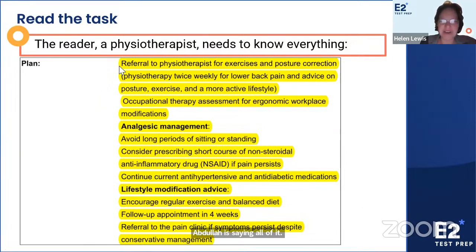So the referral to the physiotherapist, the time needed, the occupational therapy assessment, the analgesic management, okay, and the need to avoid sitting or standing for a long time, the lifestyle modification advice as well. So a lot to share.